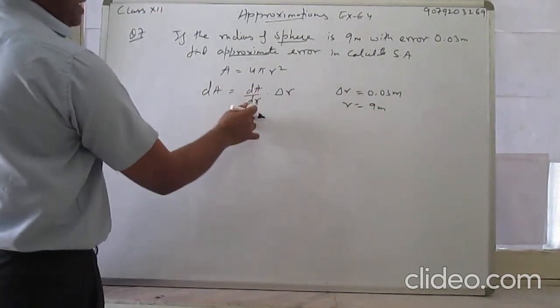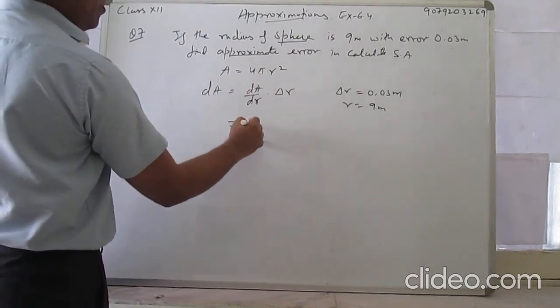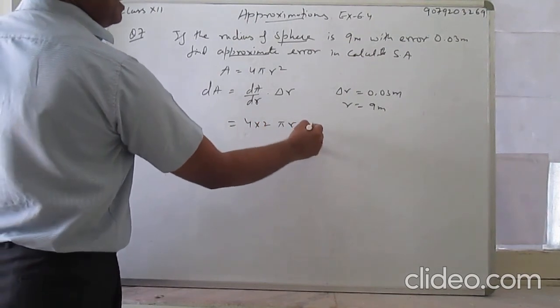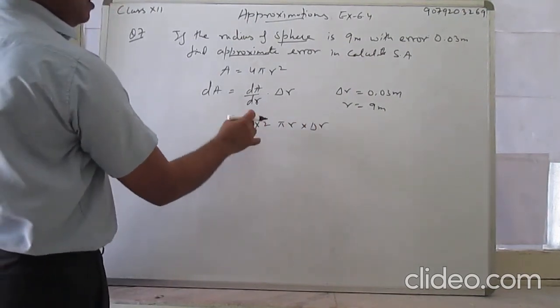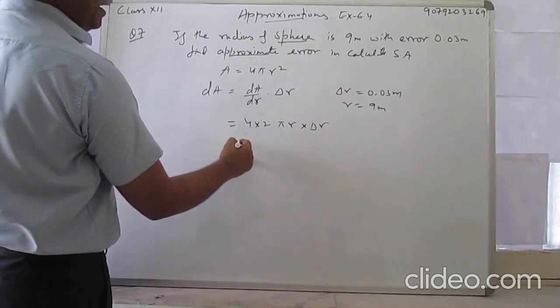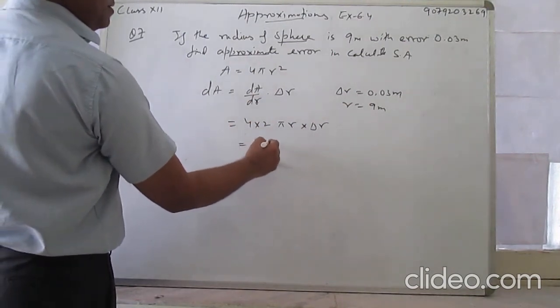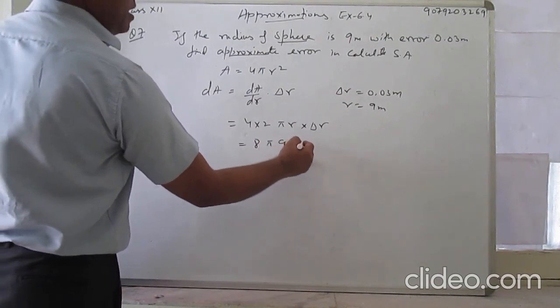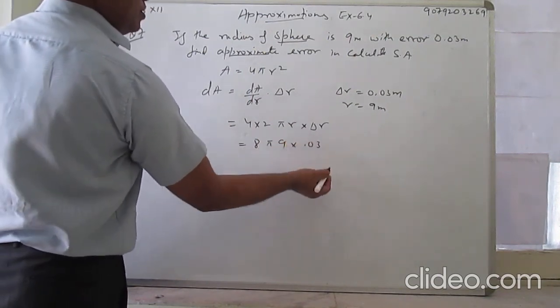So dA by dr is 4 into 2 pi r, into delta r. Putting the values: 4 into 2, 8 pi, r is 9, into delta r, 0.03.